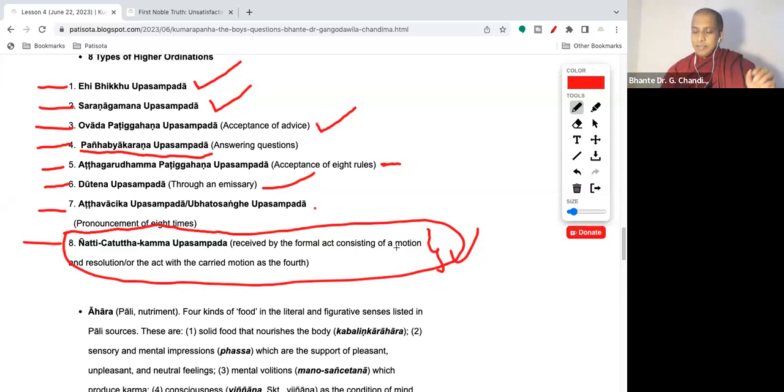One monk is reading, okay, this novice monk would like to be higher ordained. If you approve, do this. If you don't approve, do this. What is that monk asking the other monks? How do they approve, or how do they disapprove the decision to the higher ordination?